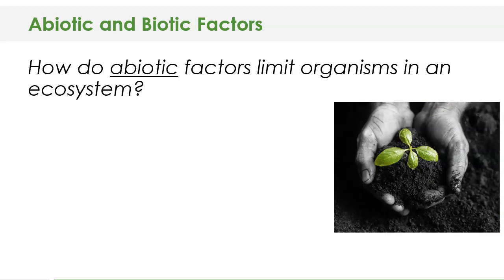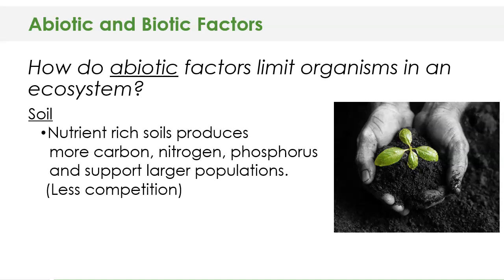Other abiotic factors that limit organisms in an ecosystem would include soil. So what kind of soil is in that ecosystem? If it is nutrient-rich soil that produces more carbon and nitrogen, phosphorus, things of that sort, then a larger number of populations and larger populations can be supported because there'll be better plant life because of the rich soil, which can then cause more plants to be able to grow.